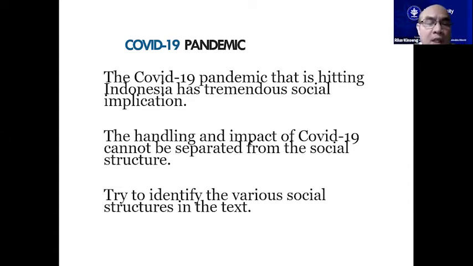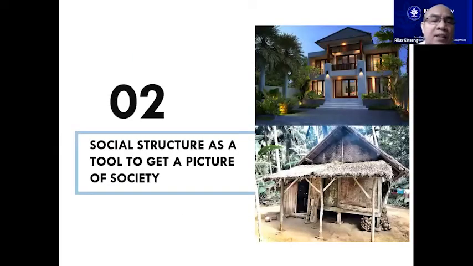So this is actually the first assignment. Try to identify the various social structures in the text. As Brian mentioned, this is assignment number 1. You have to identify various social structures in the text, the reading that is provided.